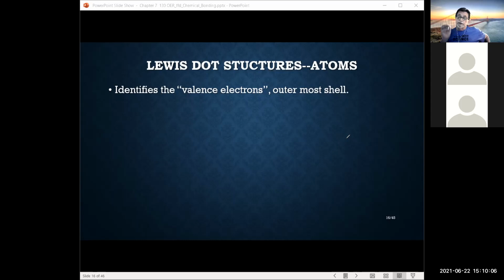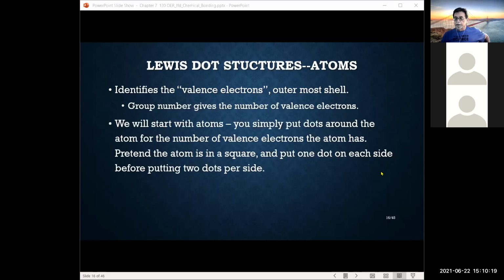And again, this only applies to the A elements, Roman numeral 1 through 8A. The group number tells us the number of valence electrons, okay? And we start putting a dot to represent those valence electrons. You simply put dots around the atom with the number of valence electrons it has.